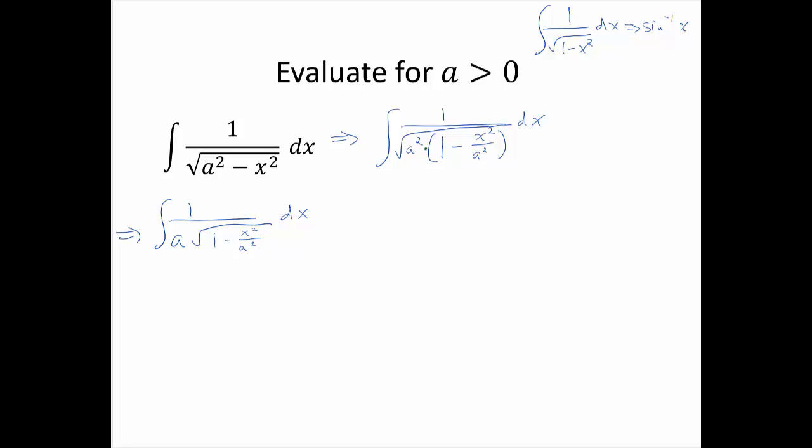And I can bring that factor of a outside. So I can write this as 1 over a times the integral of 1 over the square root of 1 minus x squared over a squared dx.